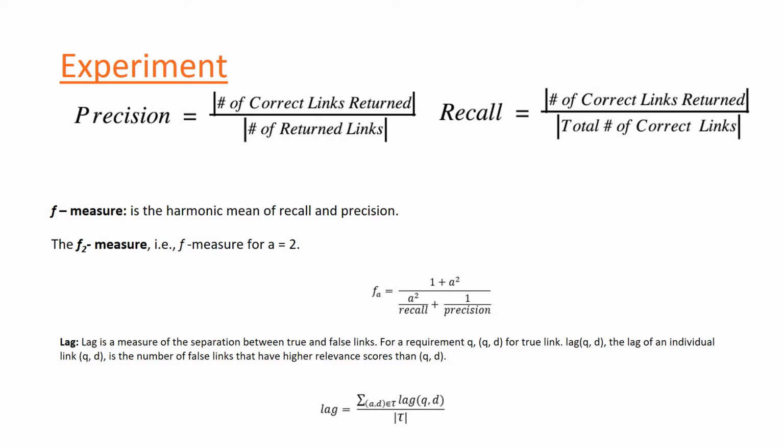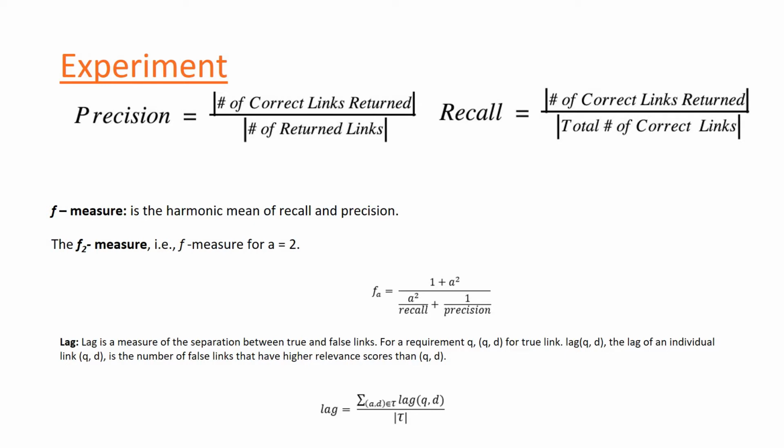So precision is the percentage of the number of correct links returned divided by the total number of returned links, and recall is the number of correct links returned divided by the total number of correct links, not all the returned links. F measure is basically the harmonic mean of recall and precision.